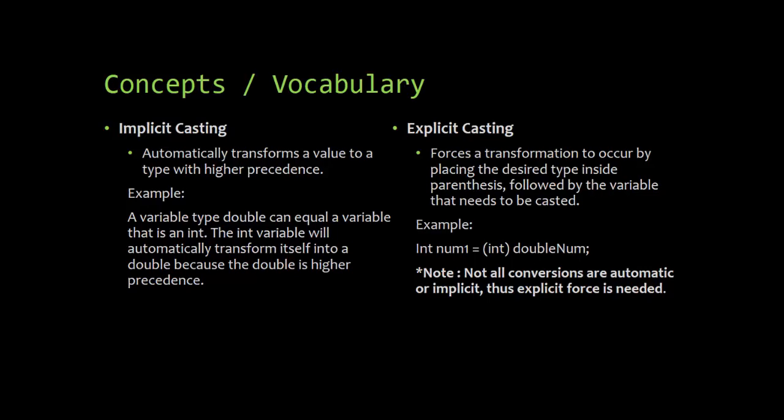For example, if we're dealing with an integer num1 and we want it to equal double num, we have to cast int inside parentheses in front of that variable to force that double to be an integer. So remember, not all conversions are automatic or implicit. That's why we use explicit casting when needed.